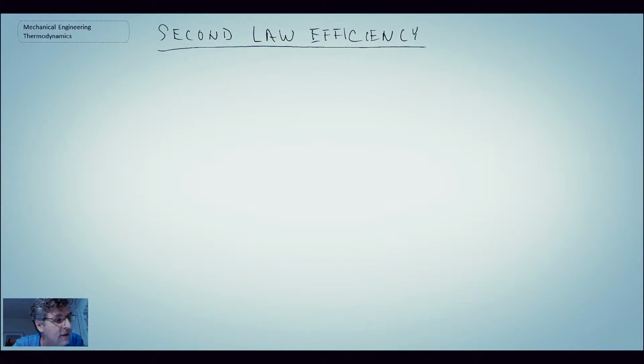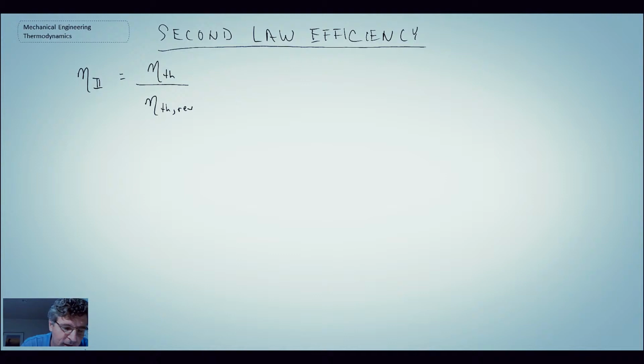law efficiency. So to write out a second law efficiency, this can be defined as being the thermal efficiency of the cycle that we're looking at, divided by the thermal efficiency of a reversible cycle.